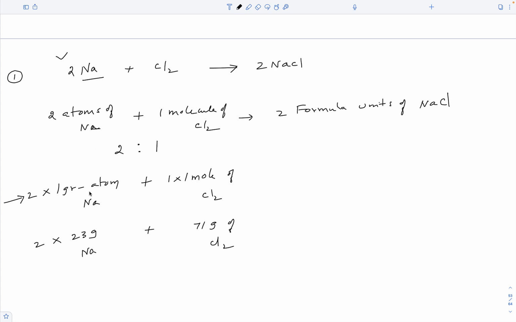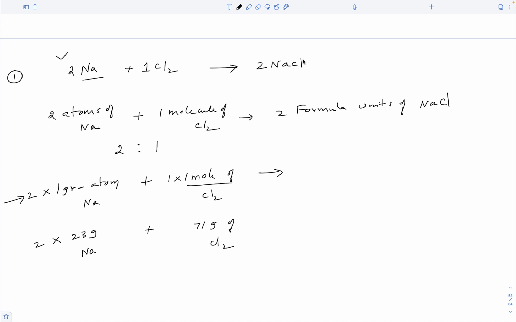So, if you see an atom in the equation, just write gram atom here. Then multiply it with its stoichiometric coefficient. So, 1 gram atom of sodium multiplied by 2. And if in the equation you see a molecular formula, simply write 1 mole of that substance and multiply it with its stoichiometric coefficient.